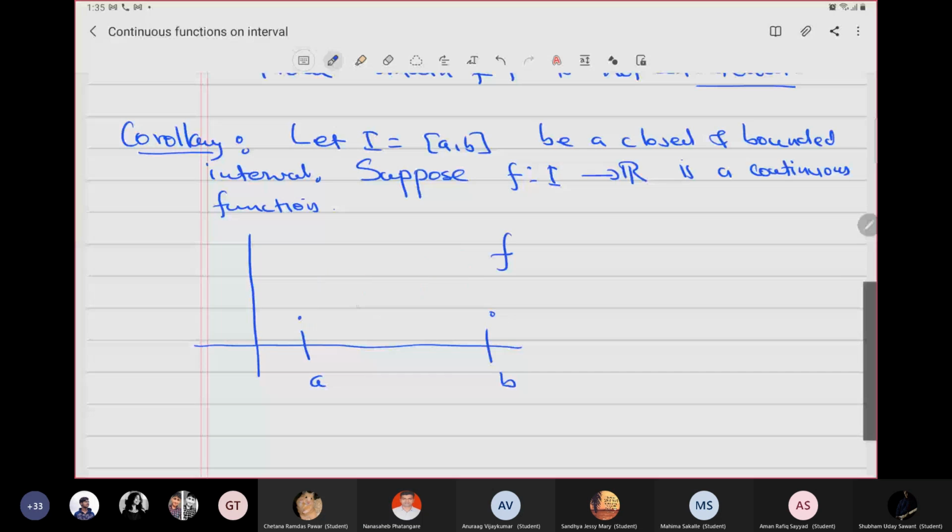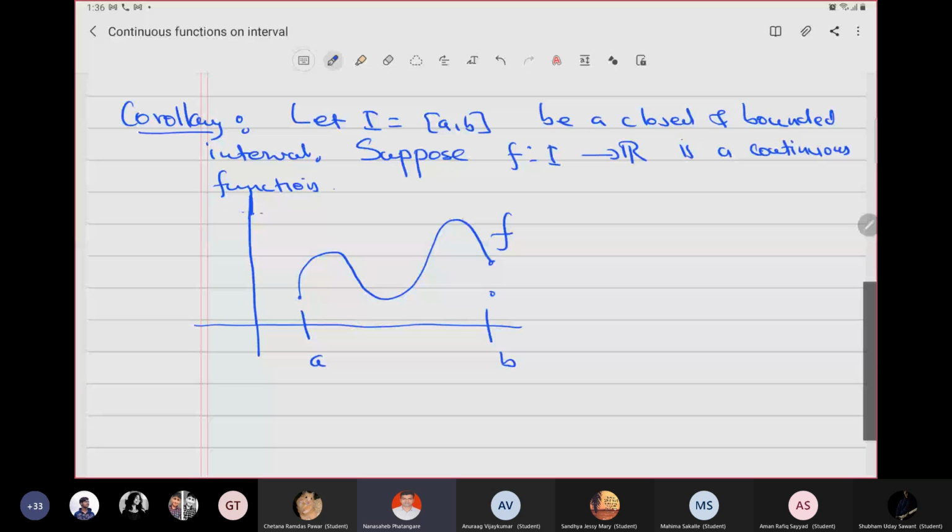Do you see the figure? Now, do you see the point at which function has maximum value? And do you see the point at which function has minimum value? Yes, sir.